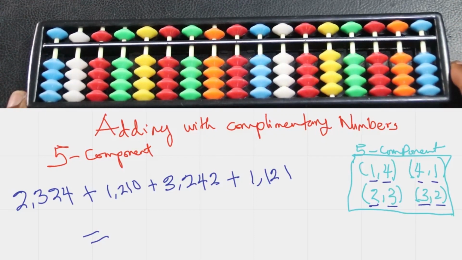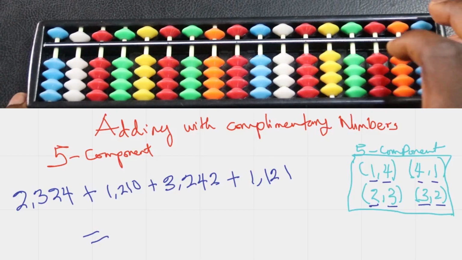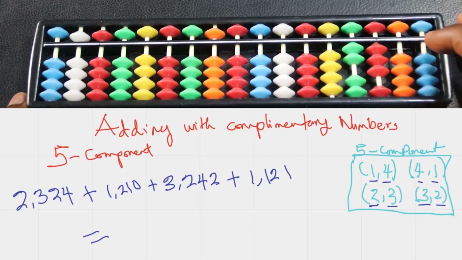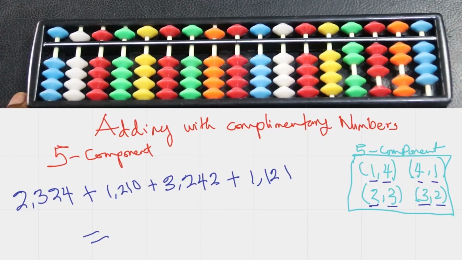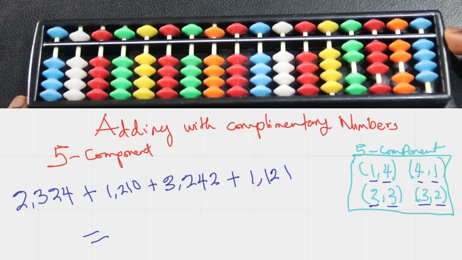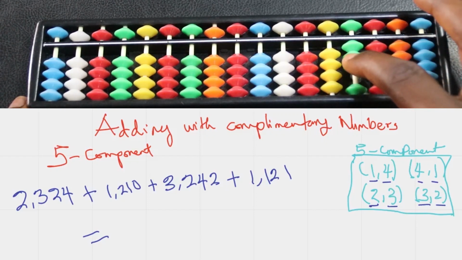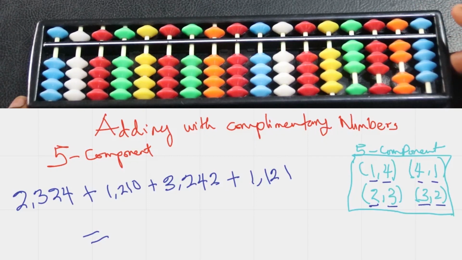So the first problem is 2,324 plus 1,210. Please remember, we are solving 5 components. I want to add 2 to this place, but I do not have 2 to add.